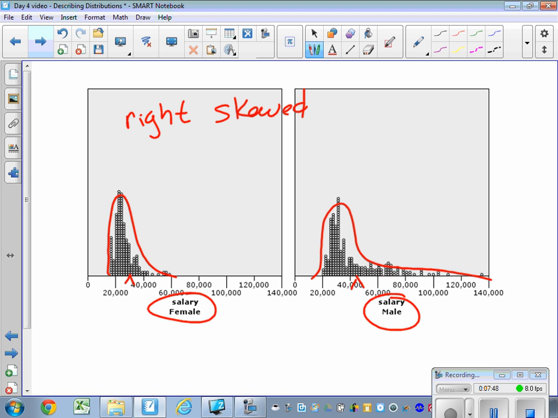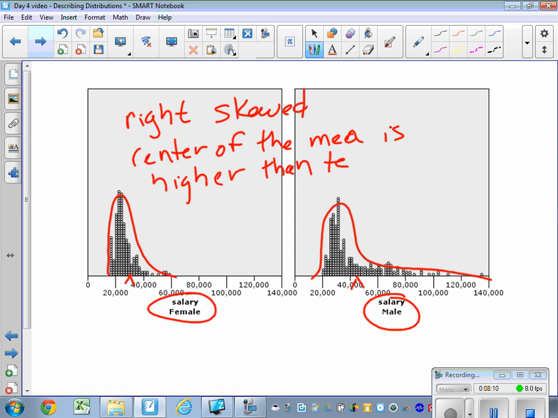So we would say that the center of the men is higher than the center of the women. I guess we should stick with males and females.